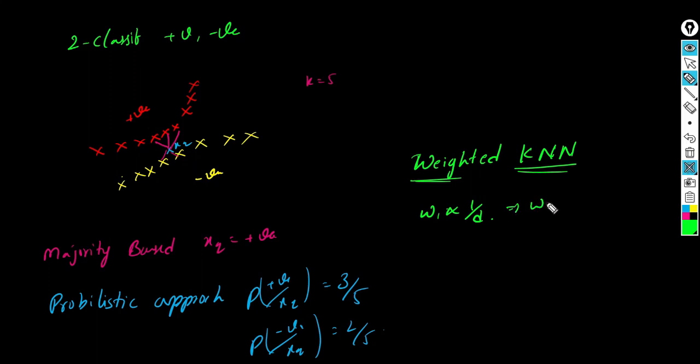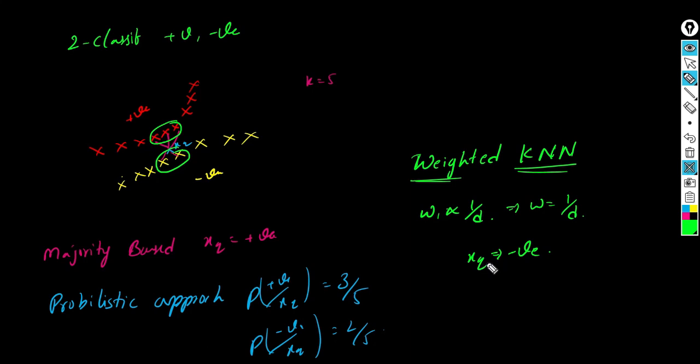Let's consider weight is equal to 1 by distance. In this way, when we sum the weights of these two points, we will get more compared to summing the weights of these 3 points. So we will classify the query point as the negative class here.